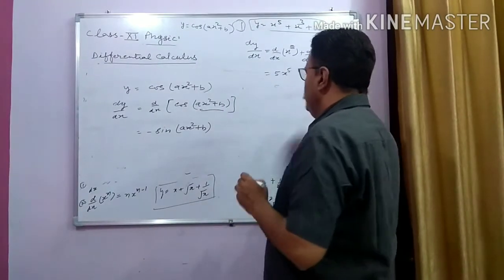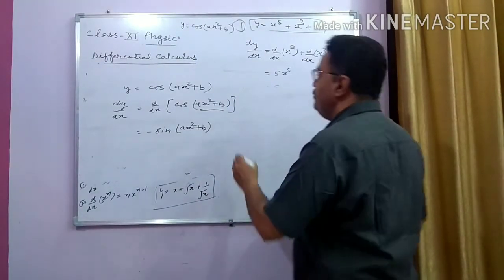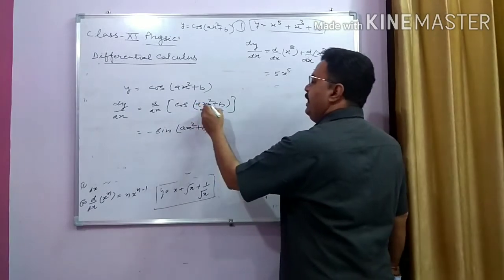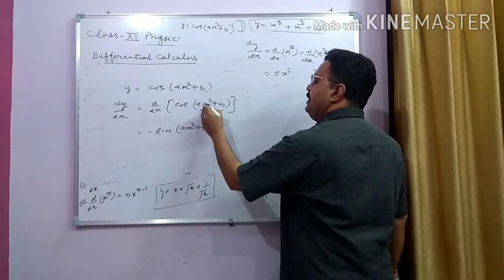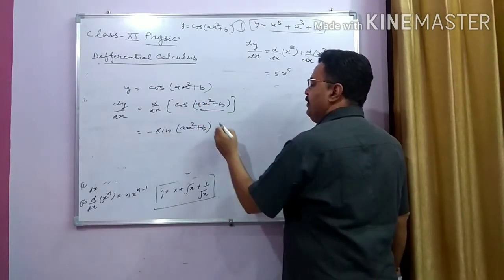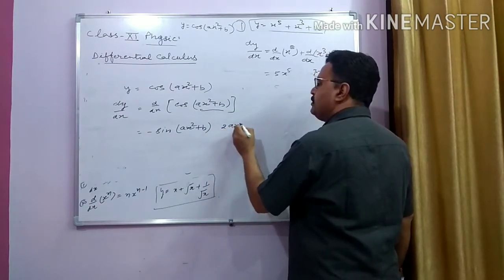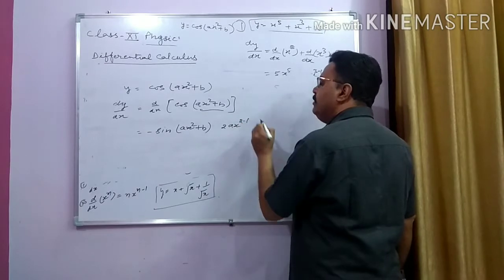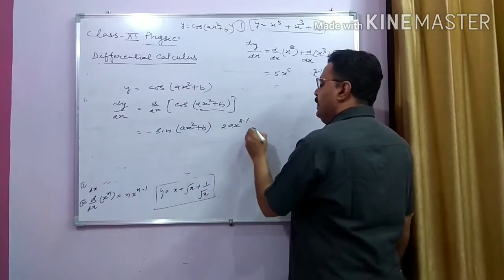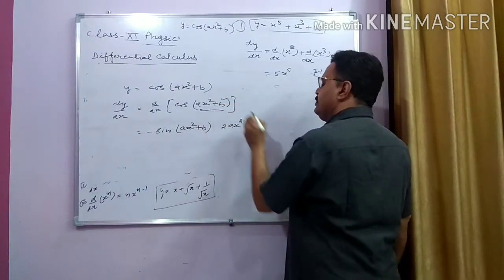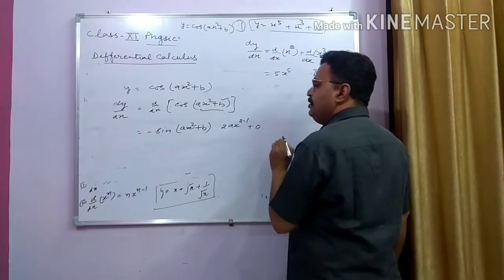So to differentiate this second term, you can see here, if we differentiate a is constant, x square, so to differentiate this x square, power can be multiplied, 2x, or power can be reduced by 1, plus differentiation of b, because it is constant, so it is 0.